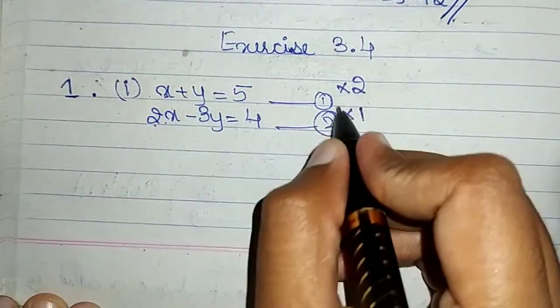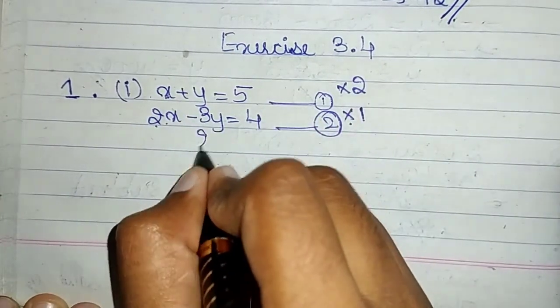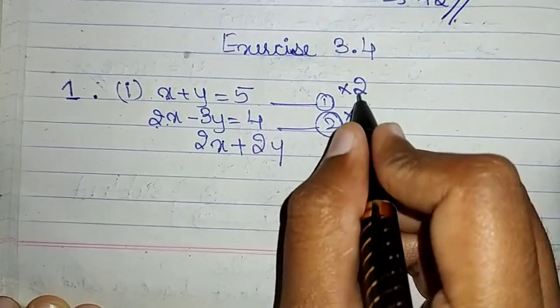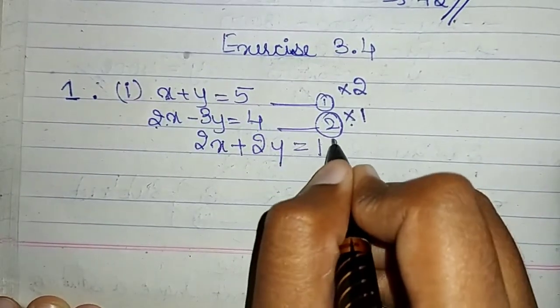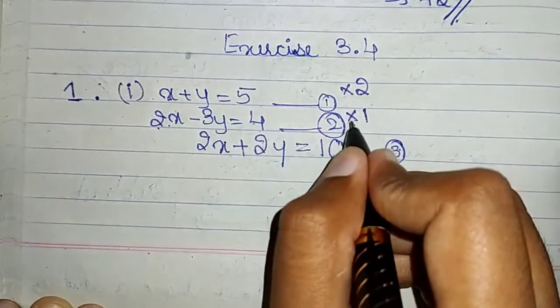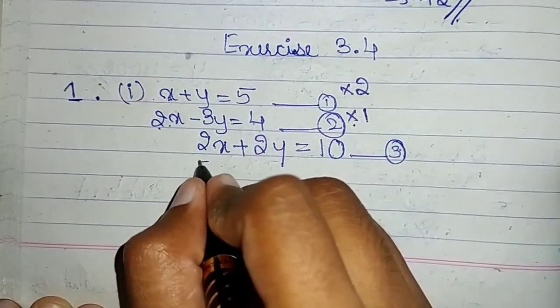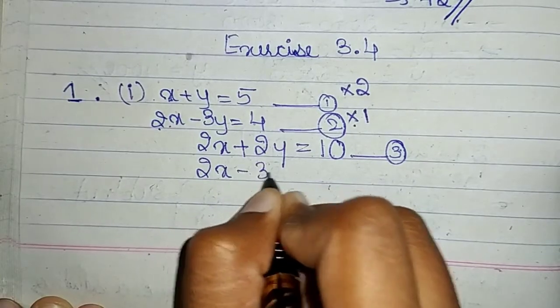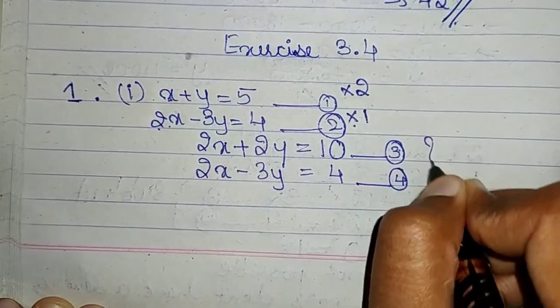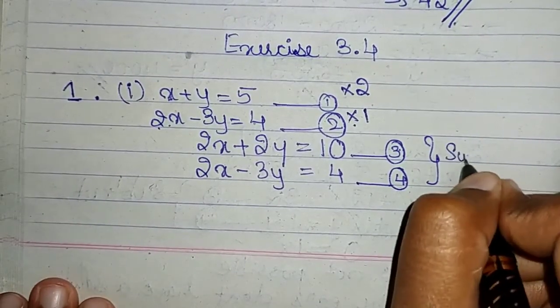On rewriting the equations, we get 2 into x, 2x, plus 2 into y, 2y is equal to 2 fives are 10. This is equation 3. And similarly, multiplying the second equation by 1, nothing changes. 2x minus 3y is equal to 4. This is our fourth equation. Now we are going to subtract them.